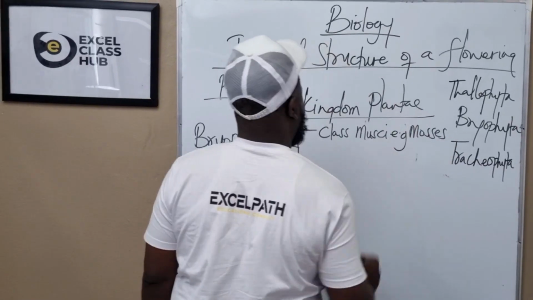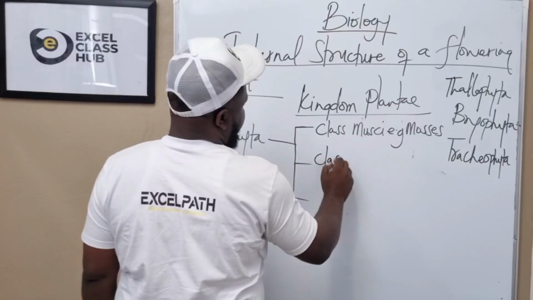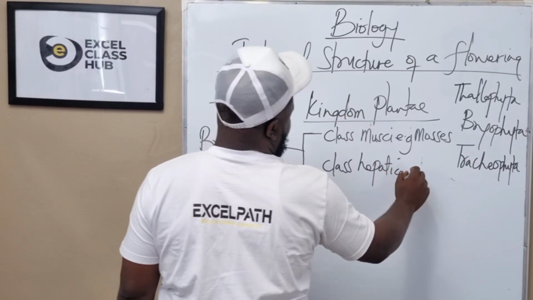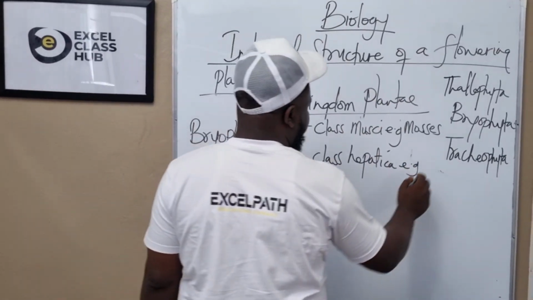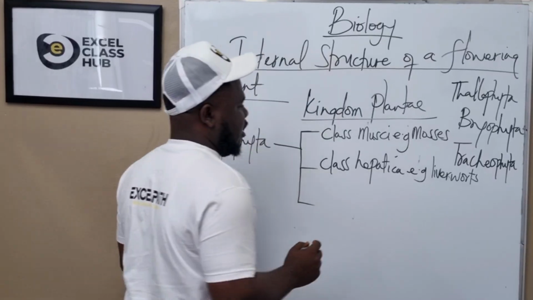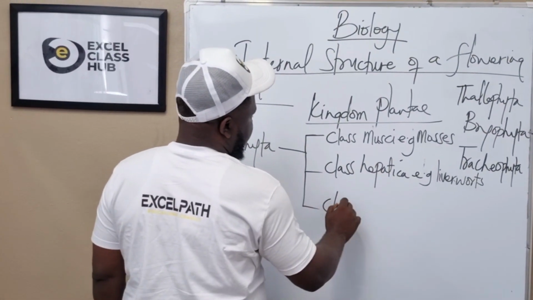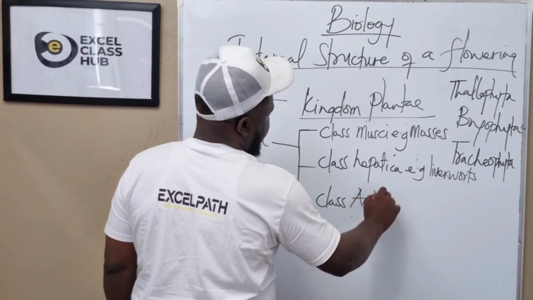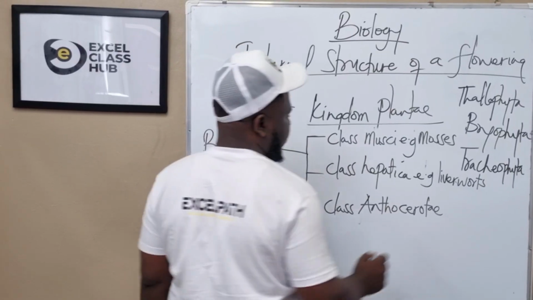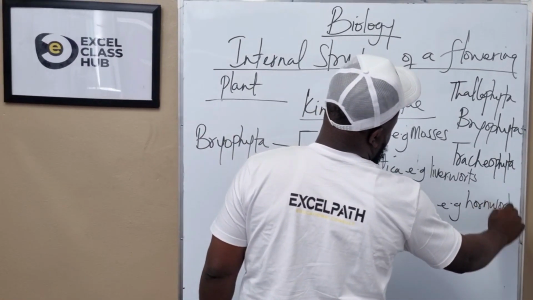Then the second one is class Hepaticae, an example of an organism here is liverworts. Then the third one is class Anthocerotae, an example of an organism here is hornworts.